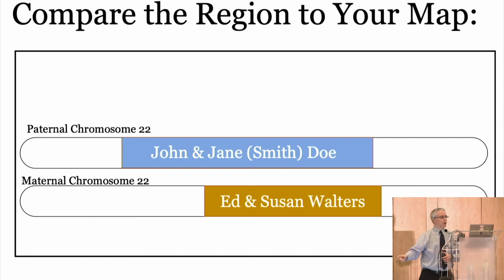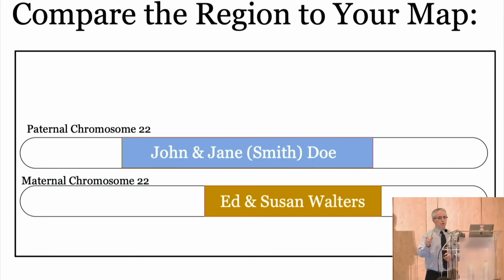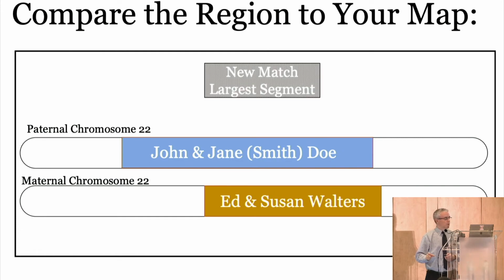I found a maternal match related to me through Ed and Susan and assigned this piece of DNA to chromosome 22. All right, so what am I going to do? I'm going to take that piece of DNA that I share in common with that new Dutch match, and I'm going to overlay it onto this map. So when I do that, it shows up right at this location of my map.